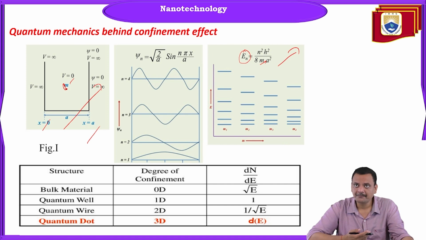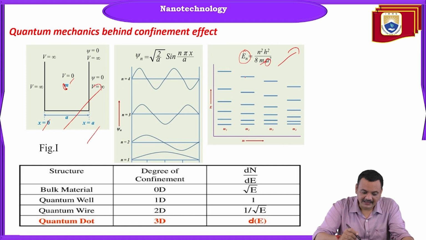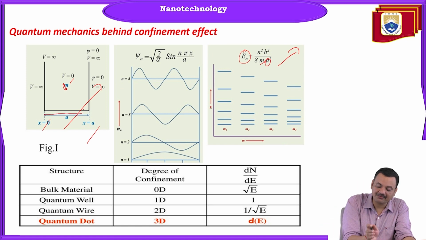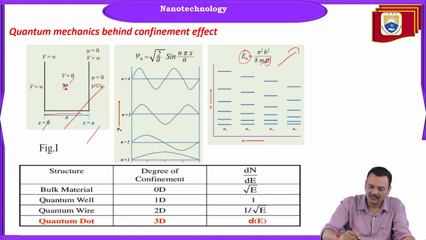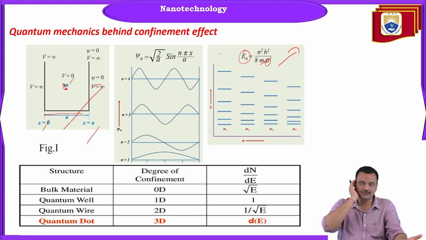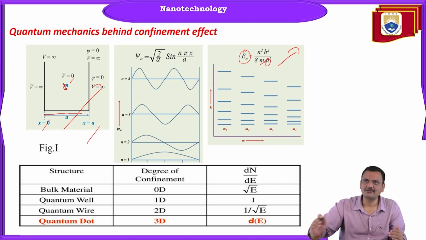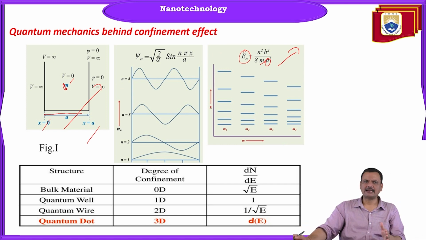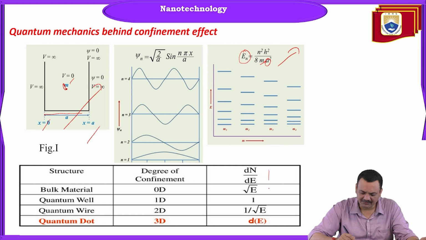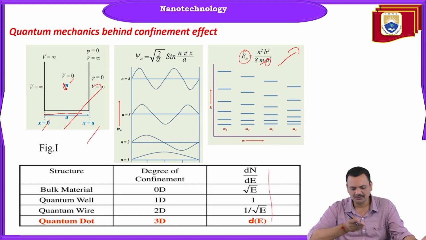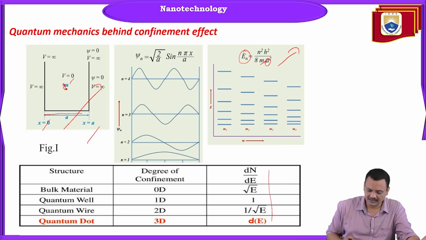What happens if this region of confinement decreases? The available energy values of this same particle will increase. Okay, and these are the density of state variations from bulk to quantum dot material.